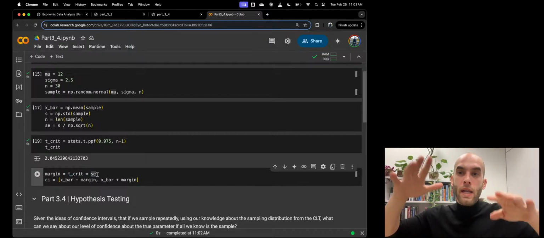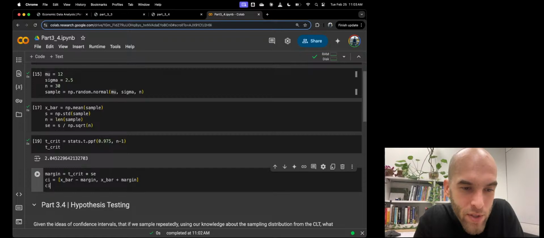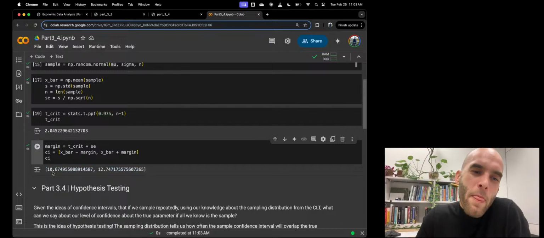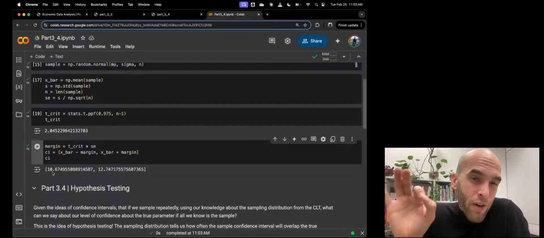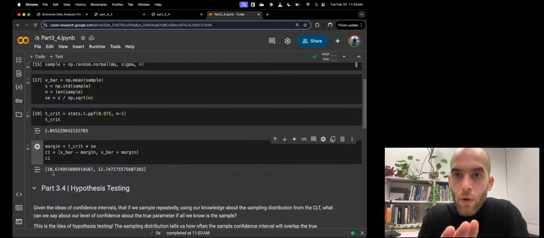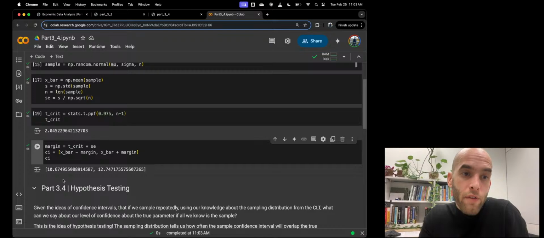So it's like how many standard errors on both sides of X bar contains 95% of the data. Okay, so then we'll just run this, and this gives us our 95% confidence interval. So we're saying between these two numbers, we are 95% confident. If we ran this a bunch of times, this approach will include the truth 95% of the time.